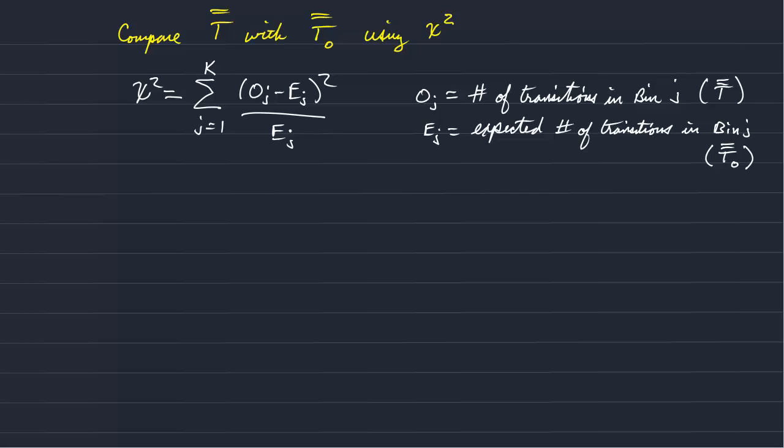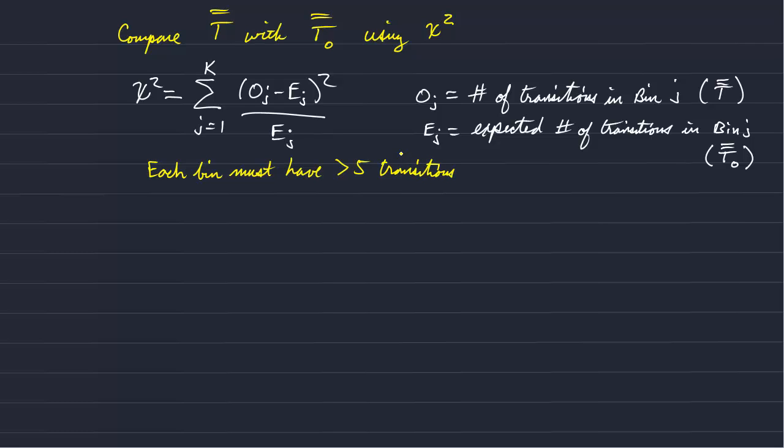So recall that each bin must have greater than 5 elements, or in this case, transitions.